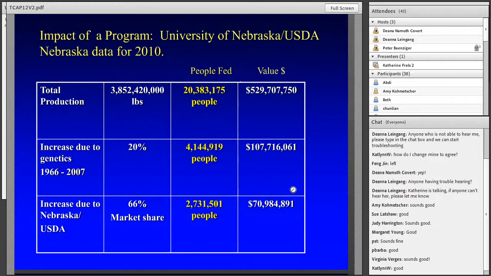So the increase due to genetics is about 4 million, and the increase due to what the Nebraska wheat breeding program has done is we feed about 2.7 million people more today than if we weren't here doing our jobs. So that's what has me interested in breeding. That's what has me interested in working in wheat, and that's why I like working in a crop like wheat as opposed to, say, Arabidopsis or a crop like tobacco.